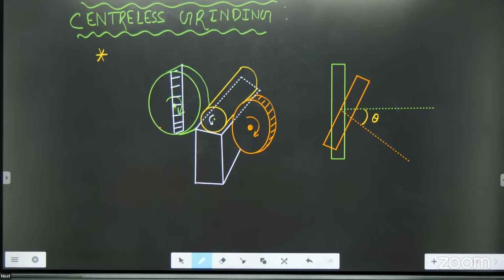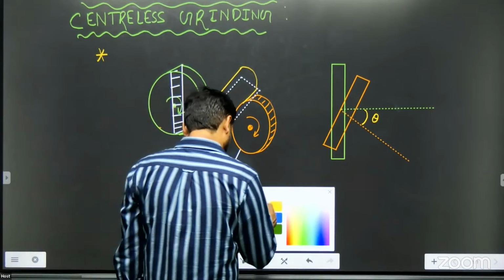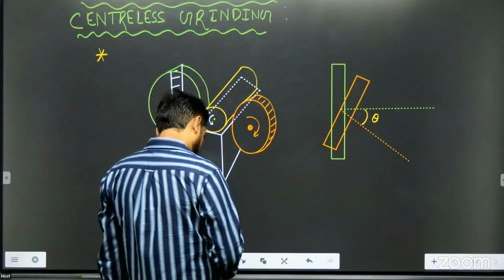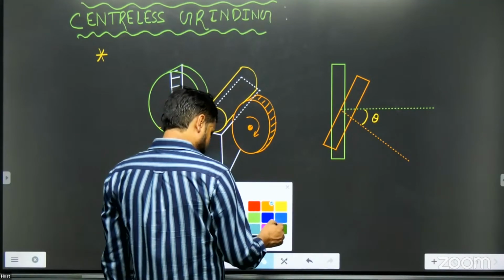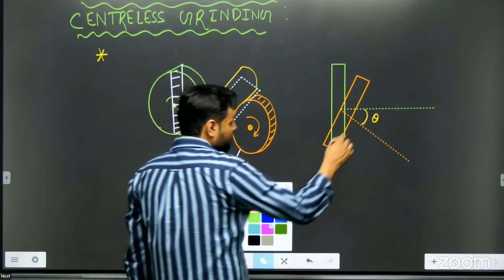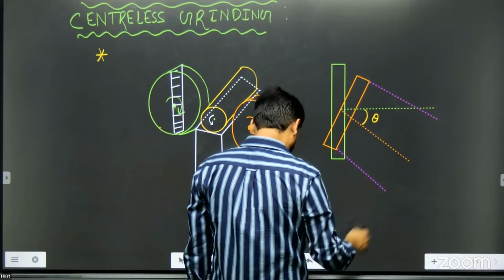So what I'm going to tell you is, let us say the grinding wheel has this diameter, a small d.